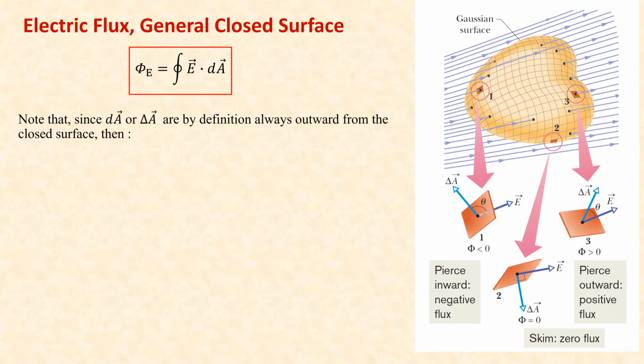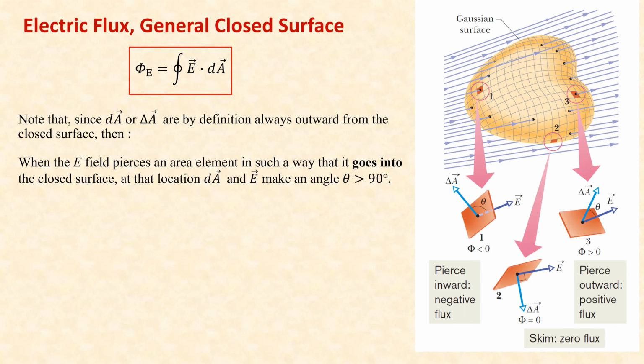Note that since dA or delta A are by definition always outward from the closed surface, when E pierces an area element in such a way that it goes into the closed surface at that location, dA and E make an angle theta that is greater than 90 degrees.